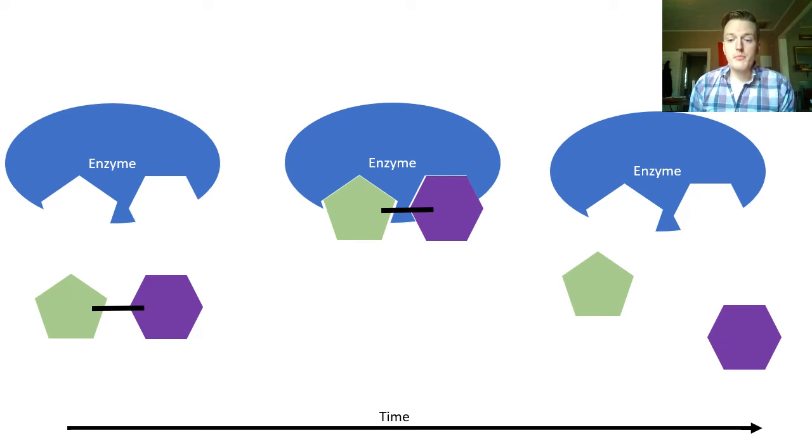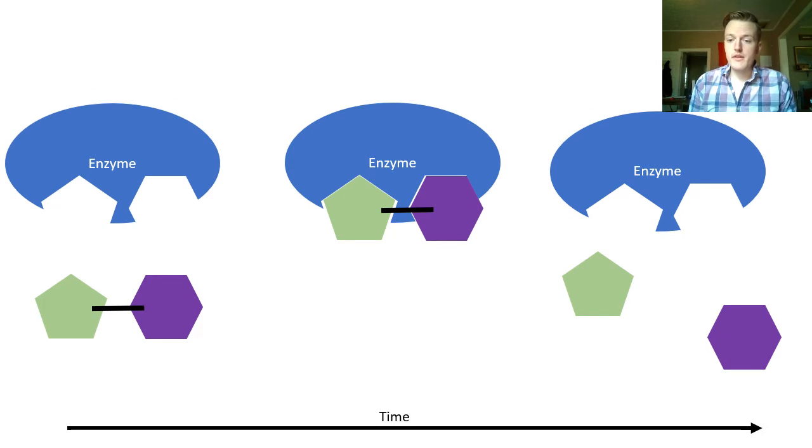One really important thing about enzymes is that, one, it takes time for an enzyme to do something. Cells are just sort of vats of random molecules flying around, and so it takes time for an enzyme to actually run into the substrate that it's going to act on. Another thing to keep in mind is that enzymes are very specific.